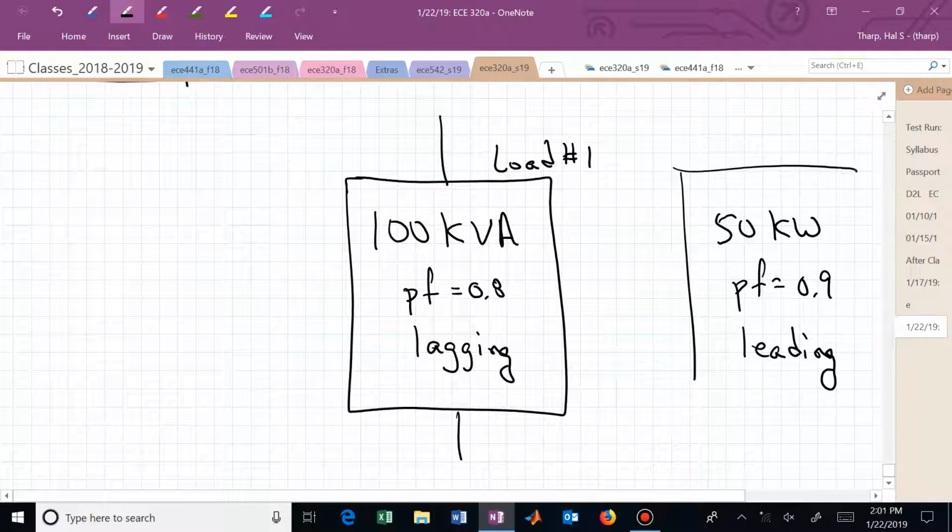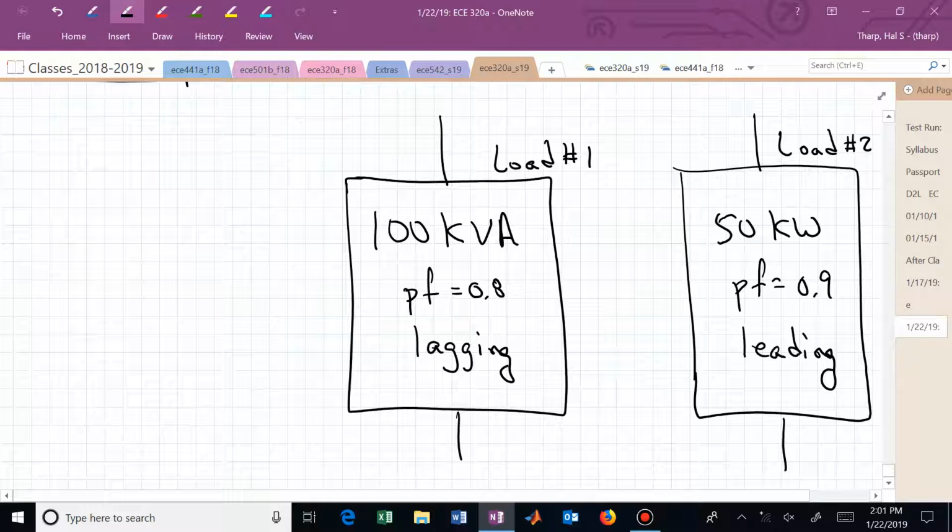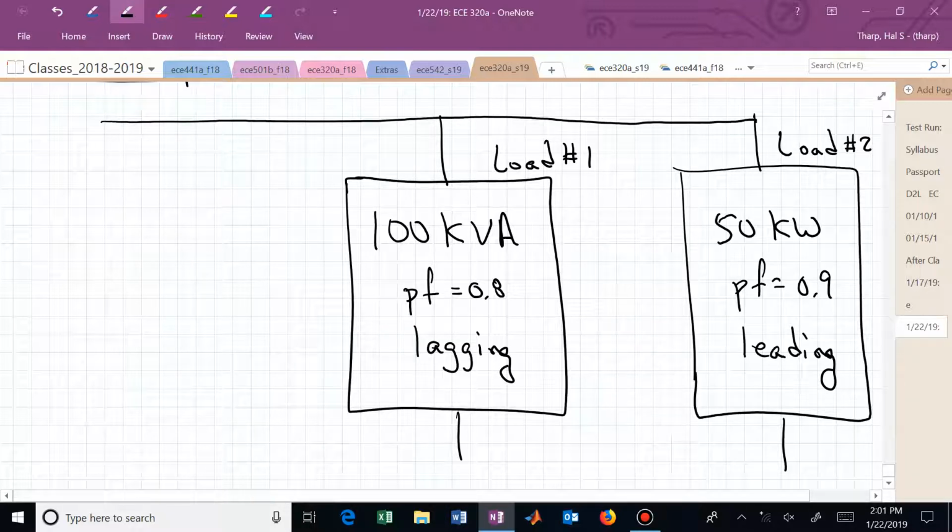Hopefully now you're starting to see that the units that people now use give us information about what these loads look like or what they consist of.